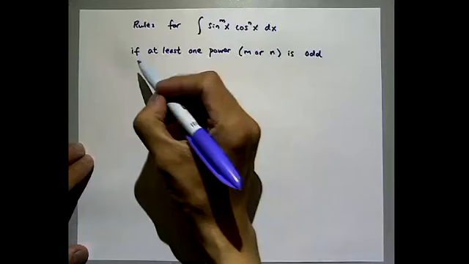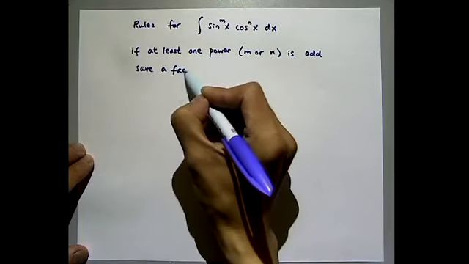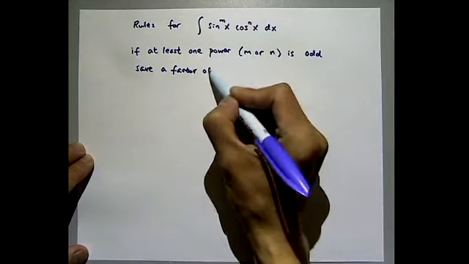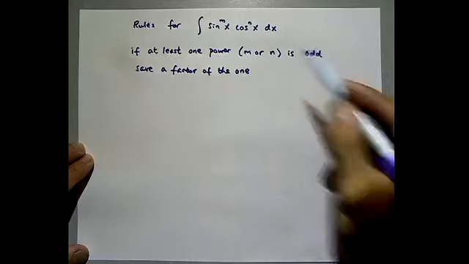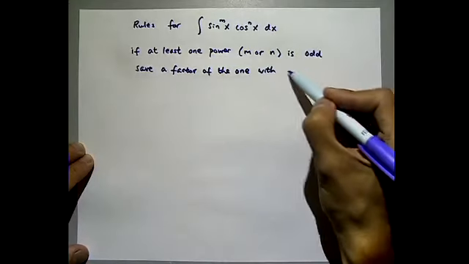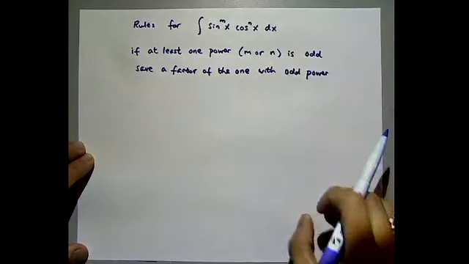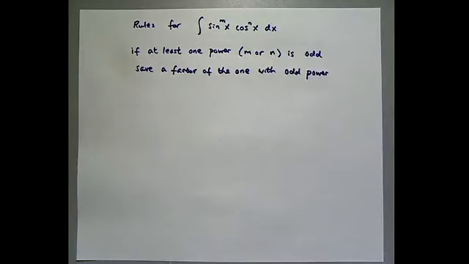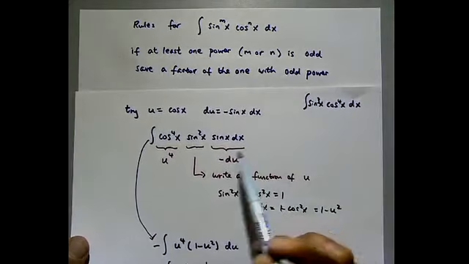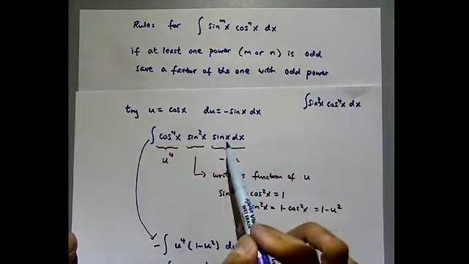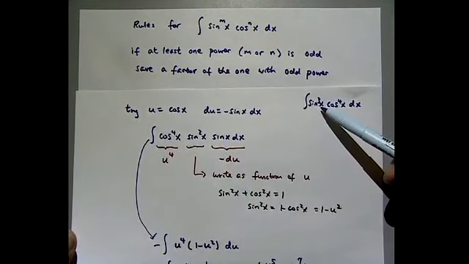So what we do here is to save a factor of the one with odd power. Right? So here, see, in the last example, we saved one factor of sine. It started with an odd power.